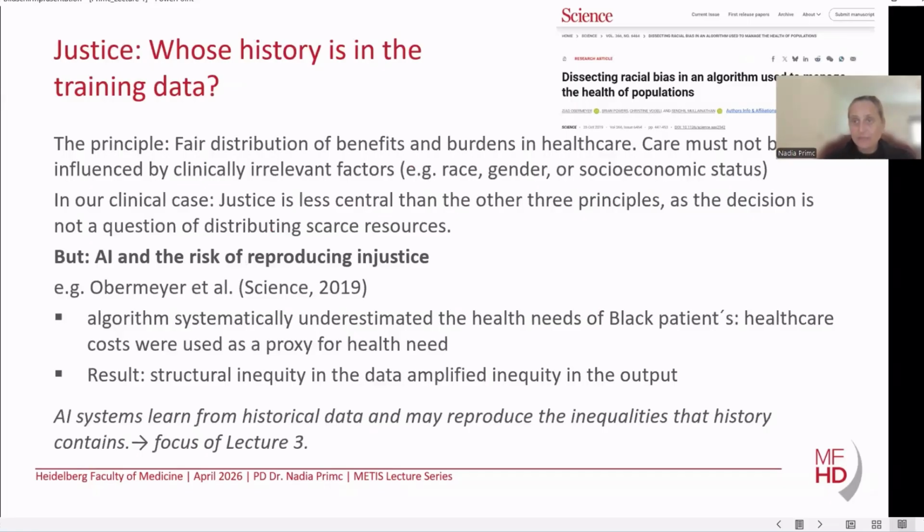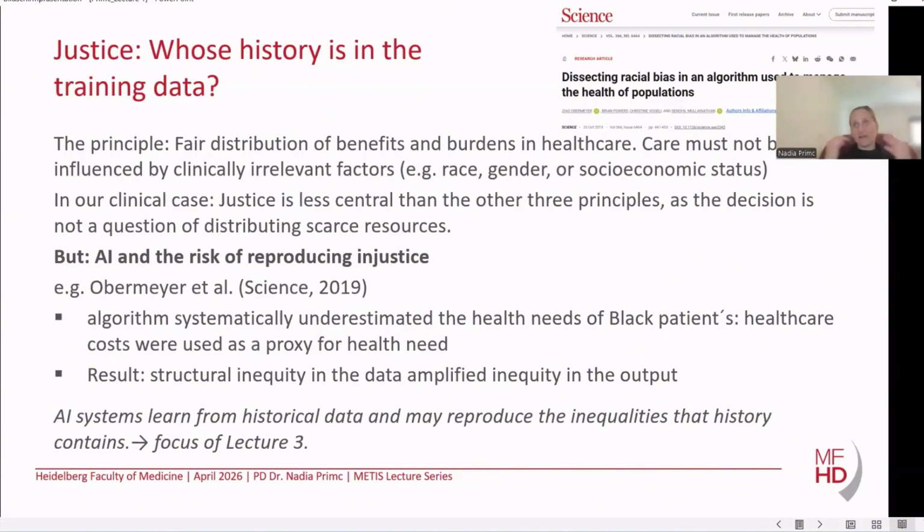The fourth principle, justice, concerns the fair distribution of benefits and burdens in healthcare. So at the level of the individual patient, it requires that care is not influenced by characteristics that are supposed to be ethically or clinically irrelevant, for example, race, gender, socioeconomic status. Although, of course, gender may have a clinical importance as we begin to learn from the newly emerging field of gender medicine, but not in all cases.